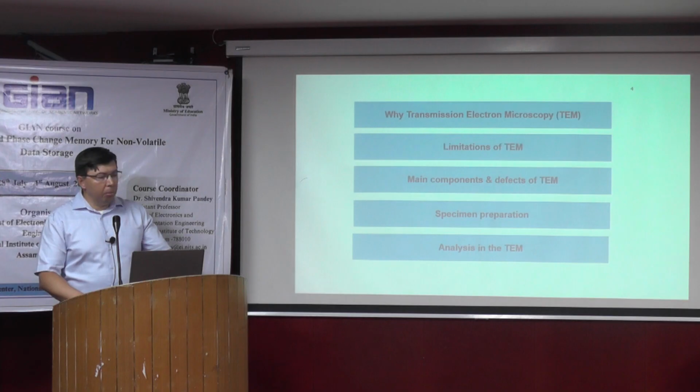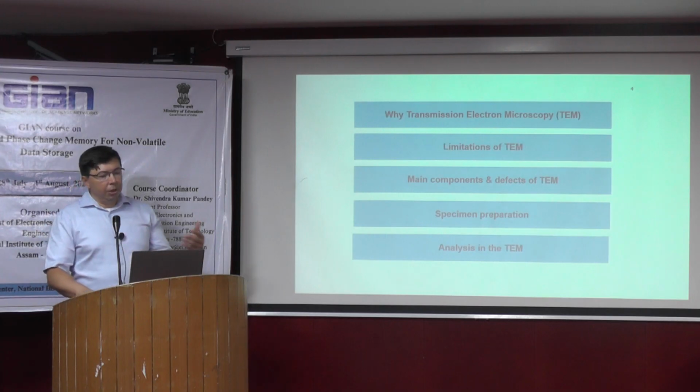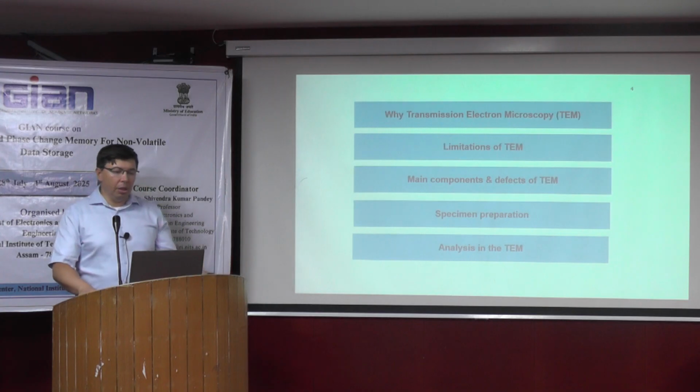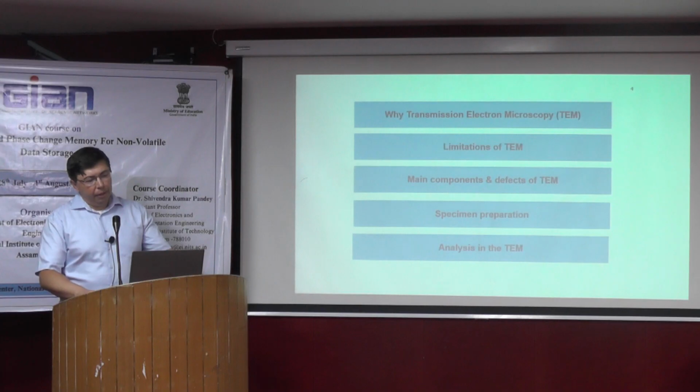TEM is a direct method of structural analysis, so you can see direct space, while in XRD you see mostly reciprocal space. Of course, there are different modes of TEM, and you can also see reciprocal space by using electron diffraction.